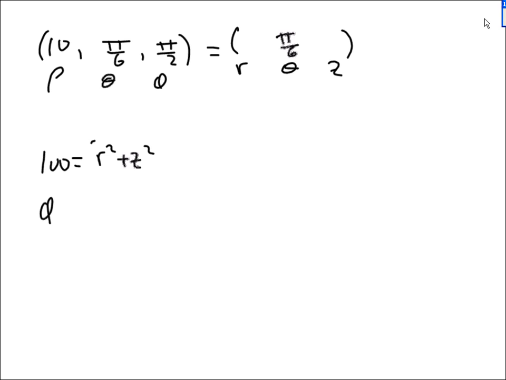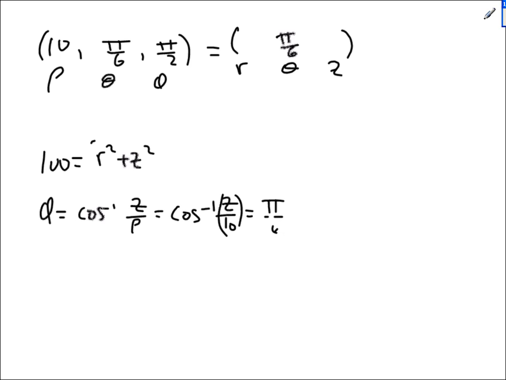Now, phi is the cosine inverse of z over rho, which is the cosine inverse of z over 10. Well, they tell us that this is pi over 6. Pi over 2, excuse me.